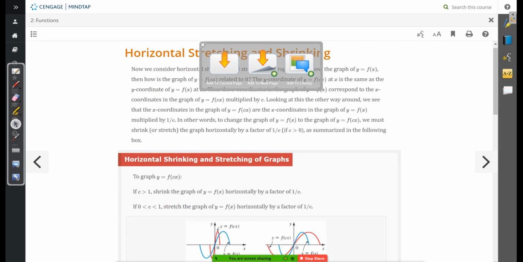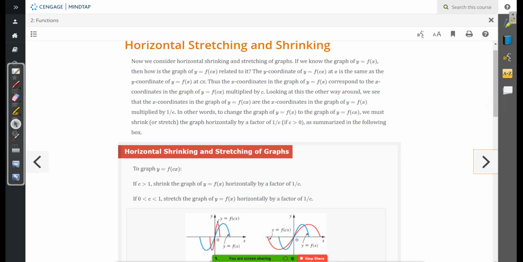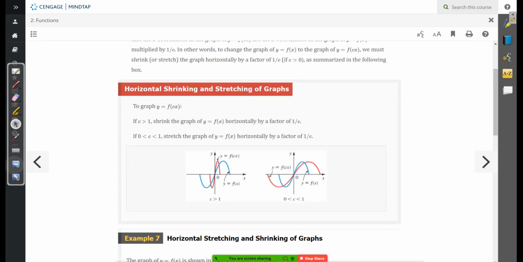Shifts. You know, right? It's a hard word to forget. Horizontal shifts were based upon what we added or subtracted to the parent function. Okay, I'm sorry, to the variable. Same thing can be said here. This is what we're going to be multiplying the variable by.